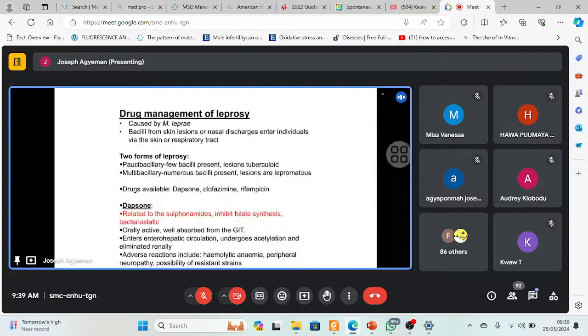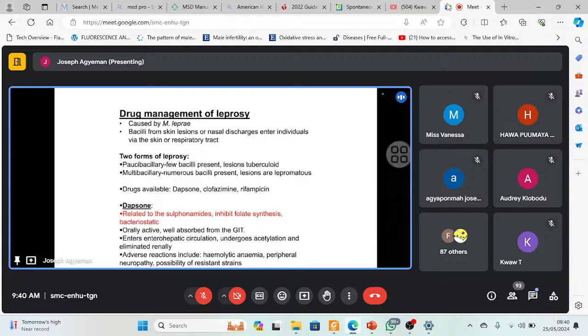And normally, if you analyze samples for the presence of Mycobacterium leprae, it may be negative, because you have few of them.